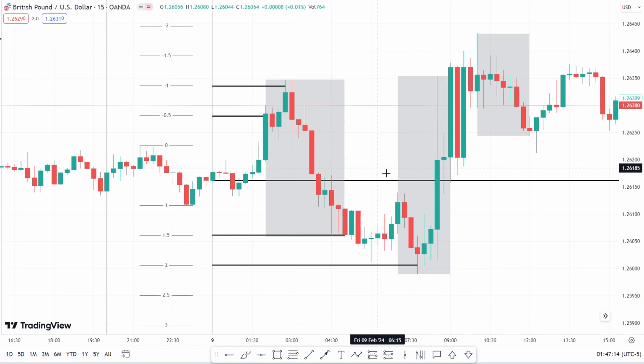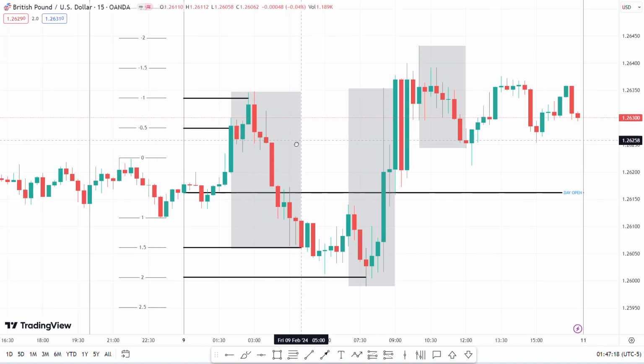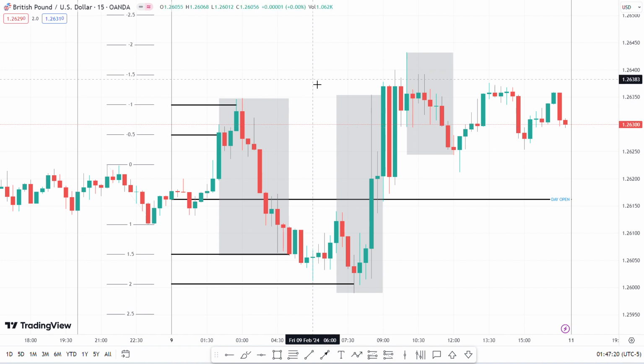So now we've got the chart marked up. Obviously this is not in real time, it's currently the weekend, but this is still super interesting.